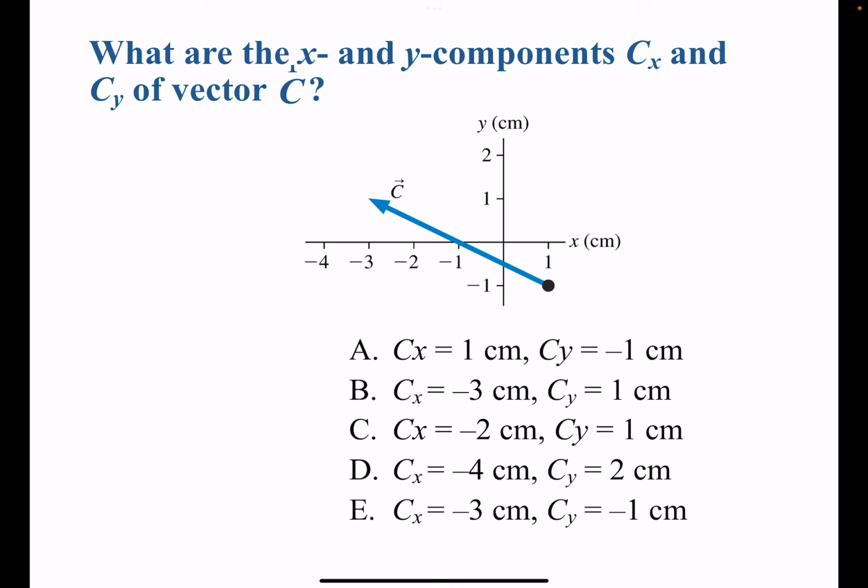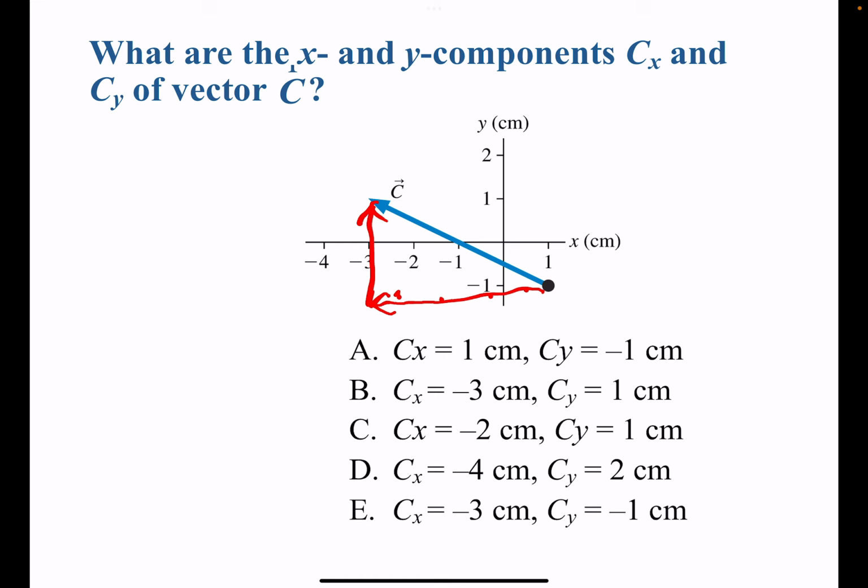Okay, try to think about this problem. We have a vector C. What is the x component and the y component of C? So I would say this is the x component, this is the y component.